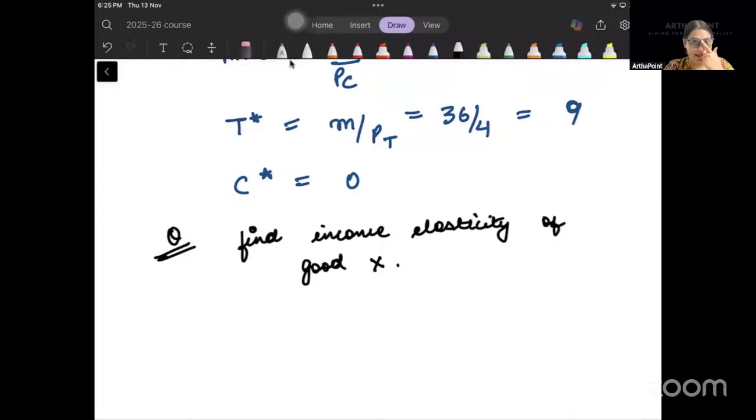One. Are you sure? Think carefully. Are you sure income elasticity of good X is 1? Are you telling me generally, or are you telling me in this question? I am confused. Are you telling me 1 or 0 in the context of this question, or are you saying 1 or 0 in general for substitute goods?